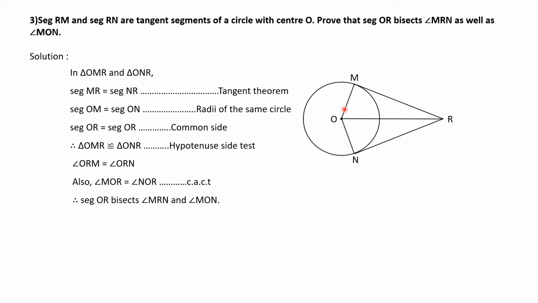Therefore triangle OMR and triangle ONR are congruent by the hypotenuse side test. Angle ORM and angle ORN are congruent. Therefore angle MOR and angle NOR are also congruent, corresponding angles of congruent triangles. Therefore, seg OR bisects angle MRN and angle MON.